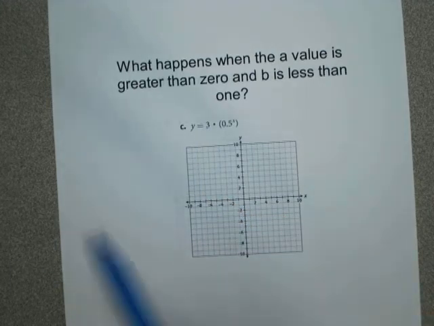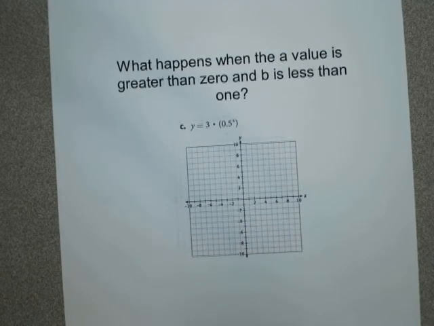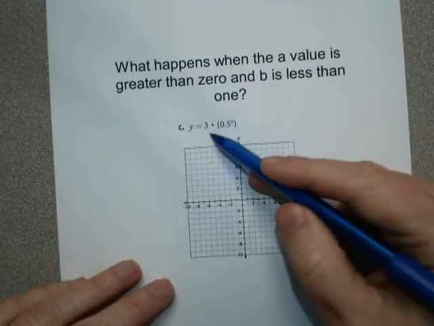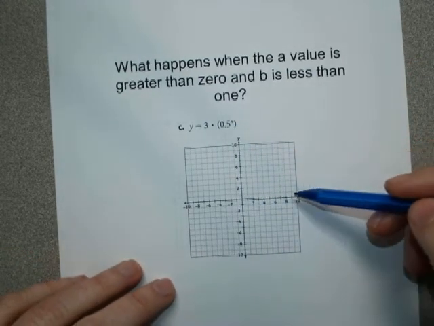But b is less than 1, and what do we know that means? From last lesson, we know that this is exponential decay, right? So we know that this is going to be going on above the x-axis somewhere, and we know it's going to start at 3 because we know it's 3 from right there. But it's going to decay because b is less than 1.